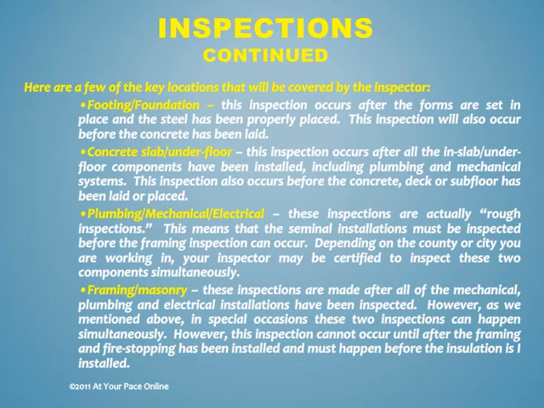These inspections are made after all of the mechanical, plumbing, and electrical installations have been inspected. However, as we mentioned above, in special occasions, these two inspections can happen simultaneously. However, this inspection cannot occur until after the framing and fire stopping has been installed and must happen before the insulation is installed.